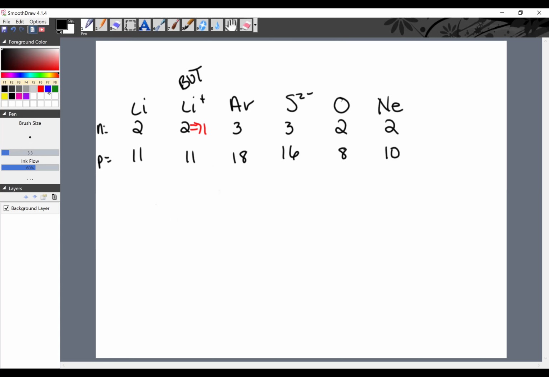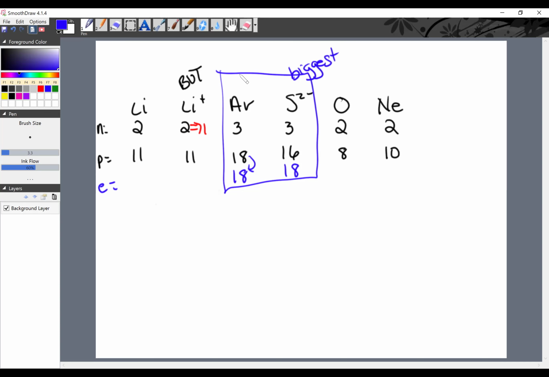All right, so I'm only looking at these 2. Those are both in shell 3. Well, argon is 18 pulling on 18, and sulfide is 16 pulling on 18, which is the number of electrons. I think 18 pulling on 18 is going to be able to suck in or make smaller. So sulfide is the biggest. Argon is the second biggest.